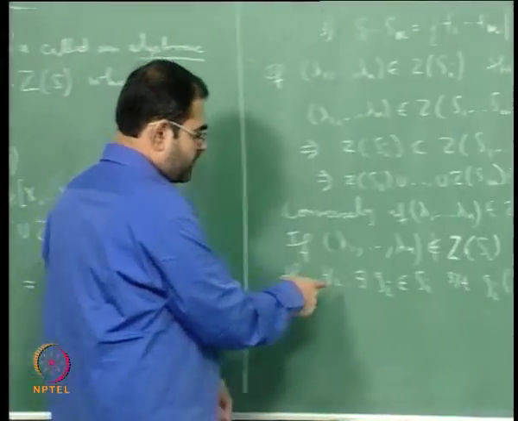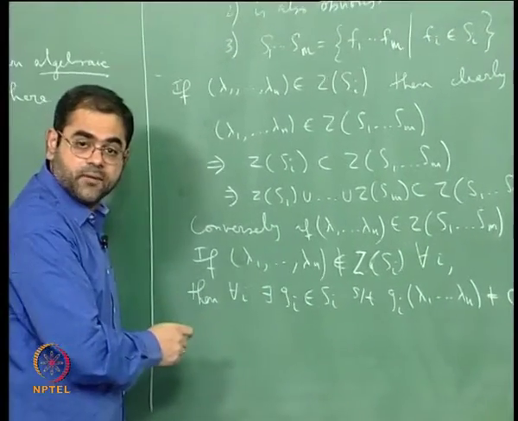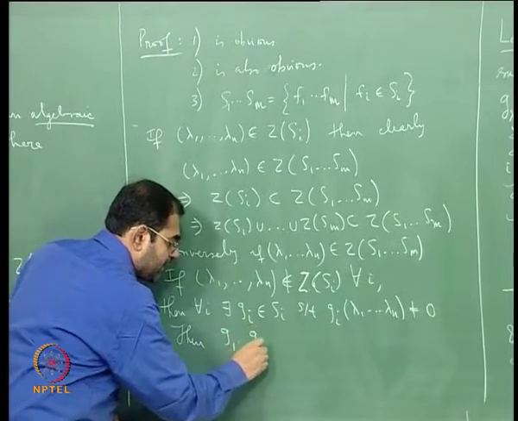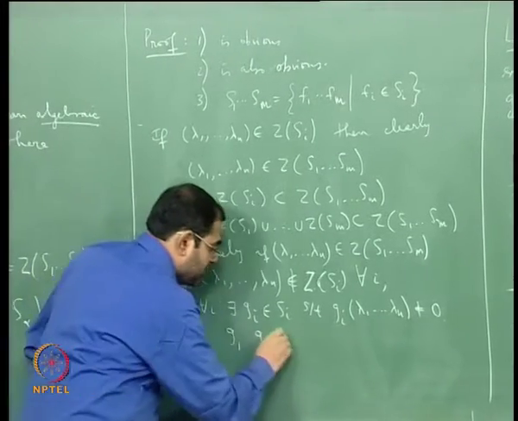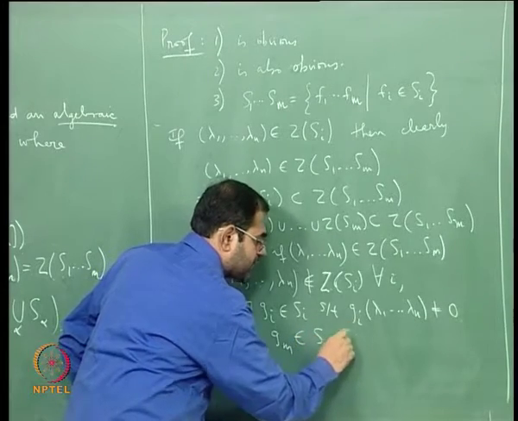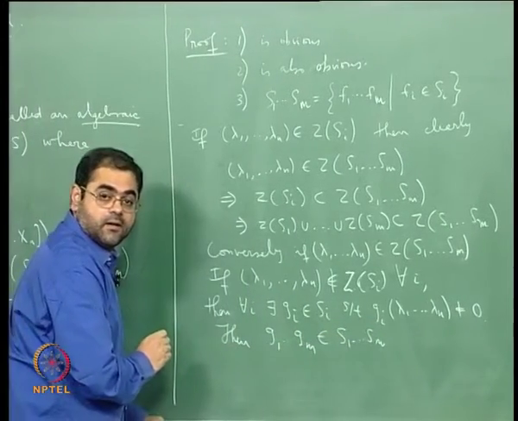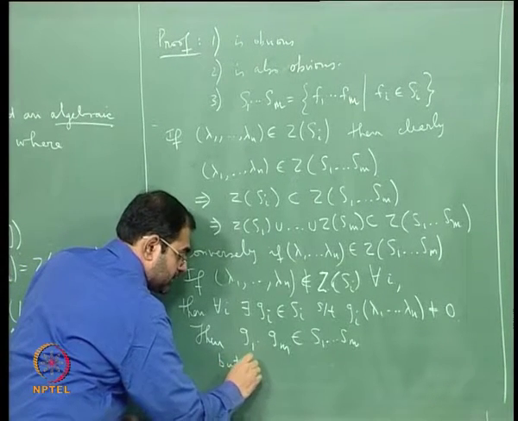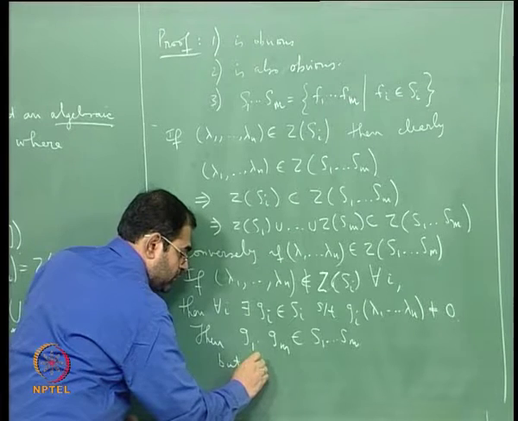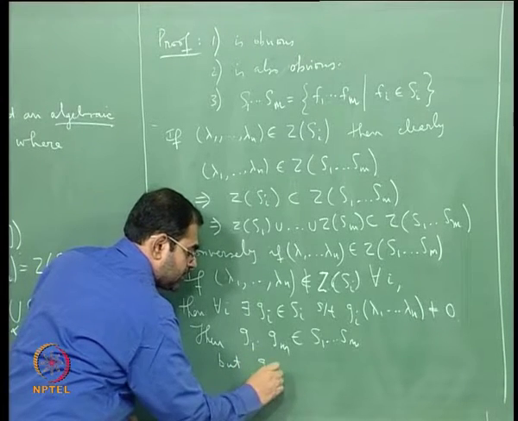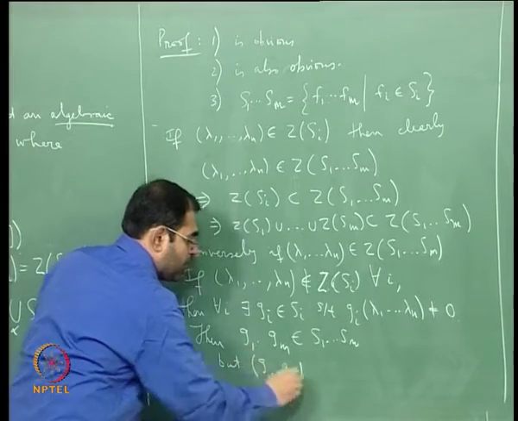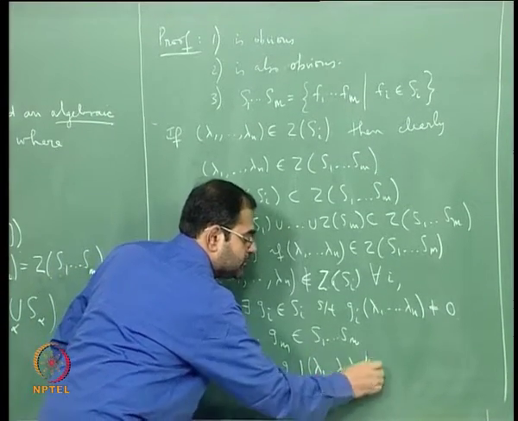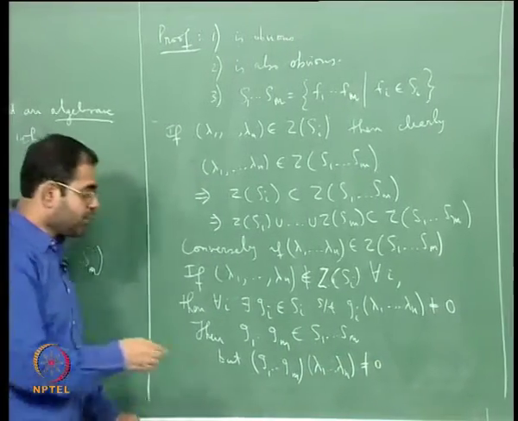So I can do this for every Si. Then if you take the product g1 through gm, this belongs to S1 through Sm, but if I evaluate g1 through gm on (lambda 1, ..., lambda n), it is not 0, a contradiction.